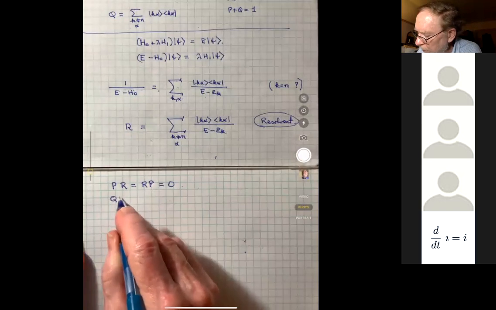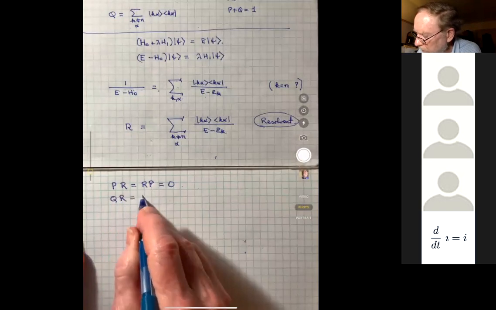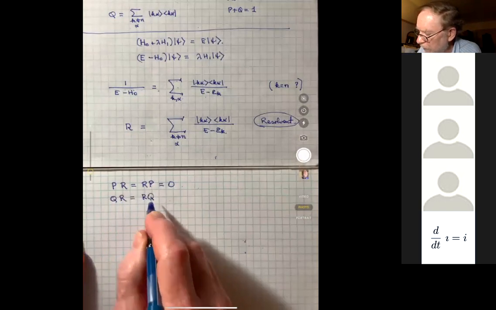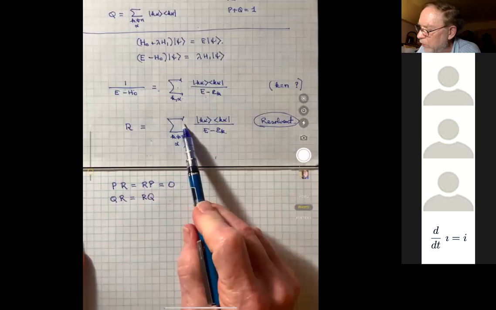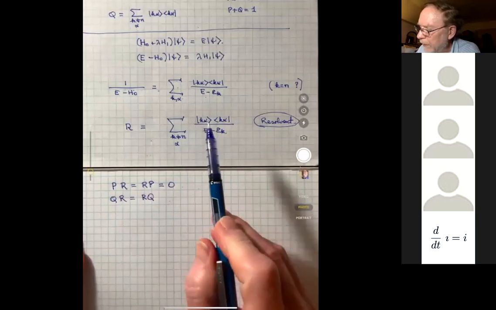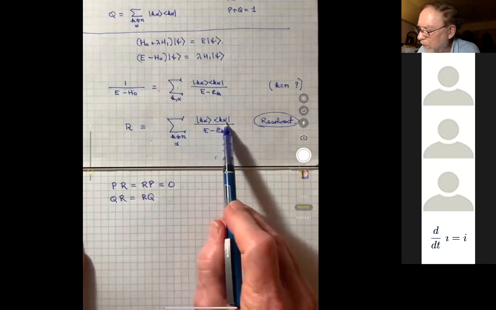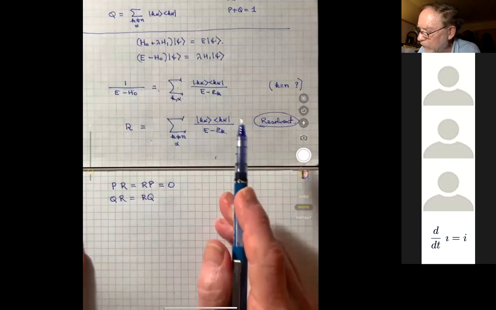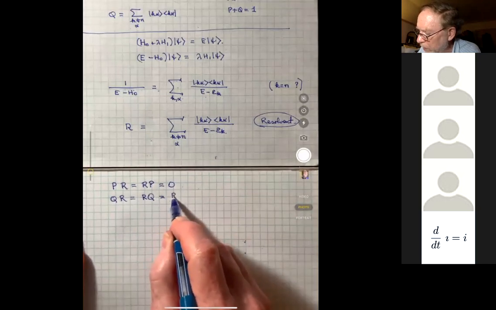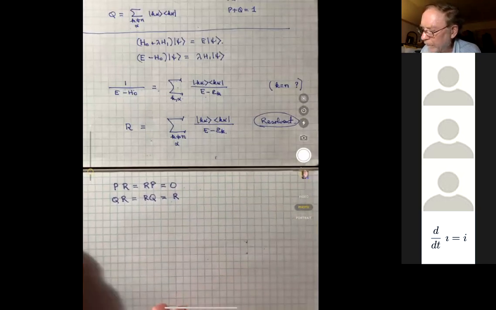On the other hand, if I apply Q to R, in the other direction, applying Q either from the right or to the left, what Q does is it just reproduces each of these k alphas. It doesn't change them. So doing it either on the right or the left is just going to reproduce R and give you R again.